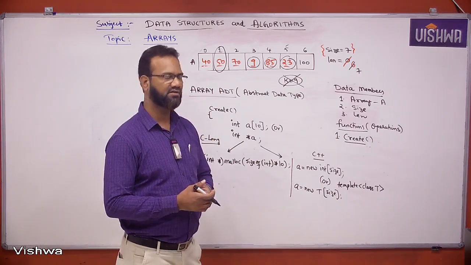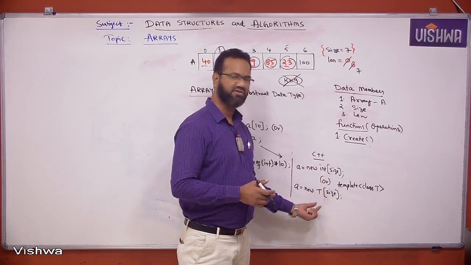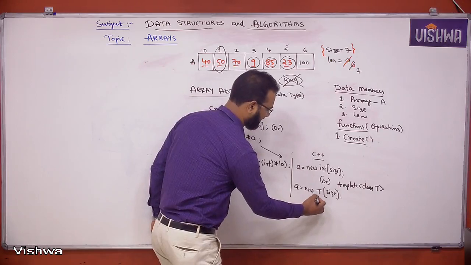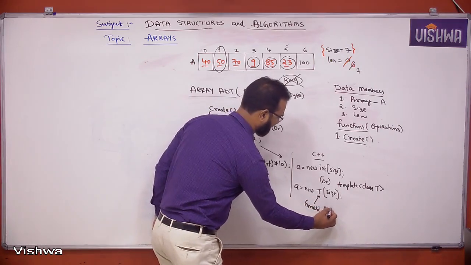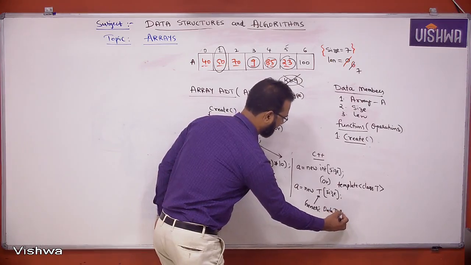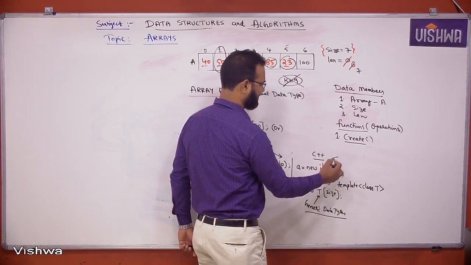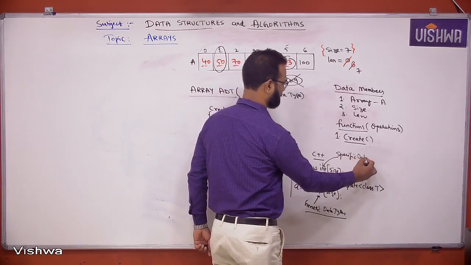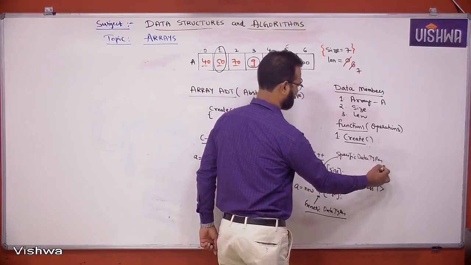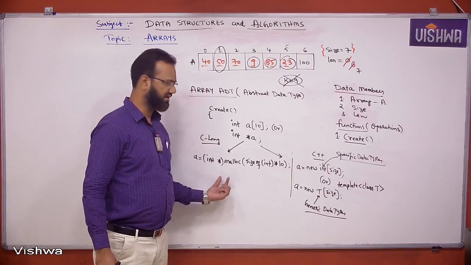So templates, on the other hand, other than your specific data type, are referred to as generic data types. Here this int specifies a specific data type. Same way here also it is a specific data type.